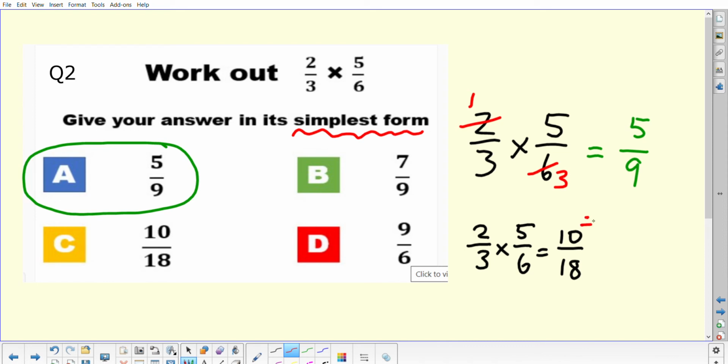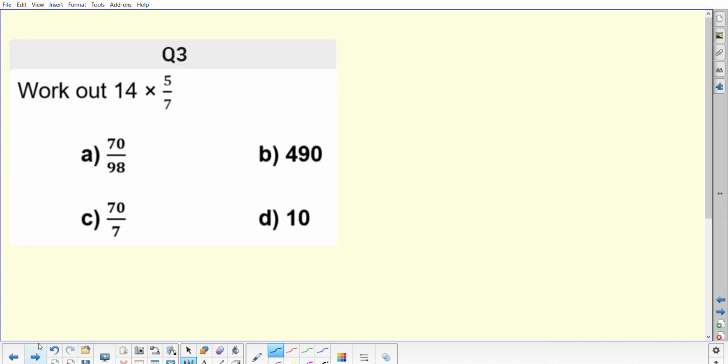So at this point you would have had to say, both those numbers are in the 2 times table, and you would be dividing to simplify, so you would have got the same answer of 5/9. So it's important that you understand with multiplying fractions, yes, it is okay to do this second method, but you do need to remember your answer must be simplified.